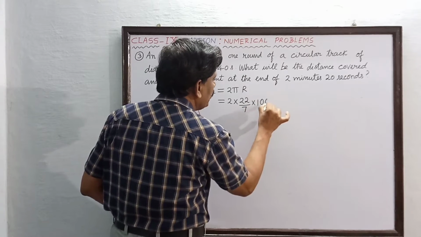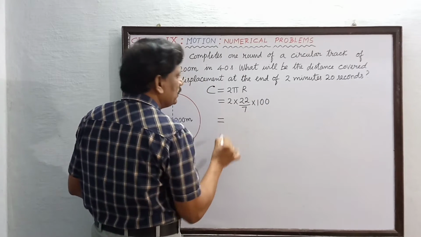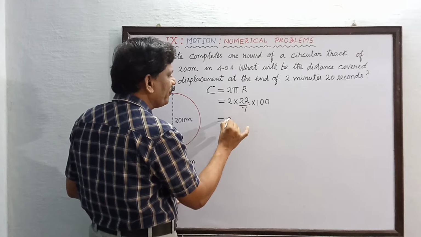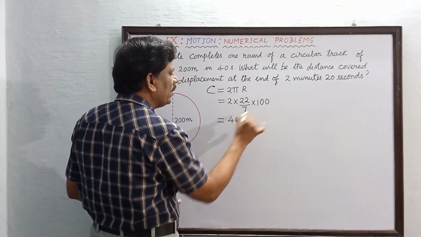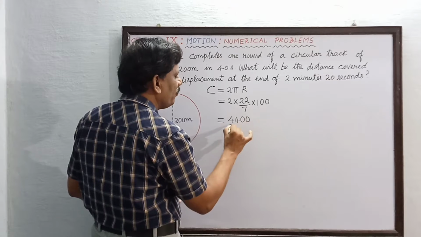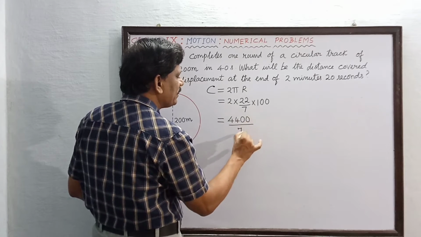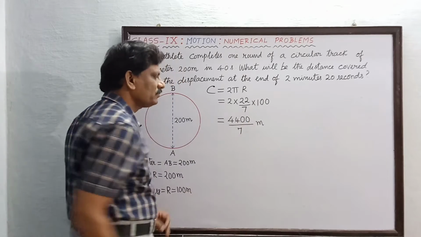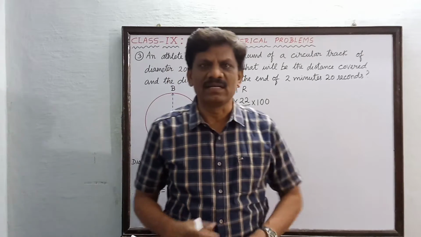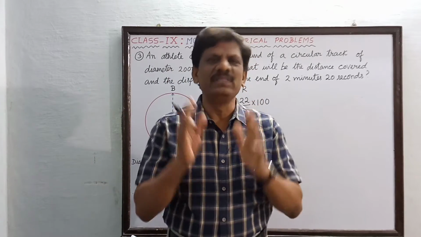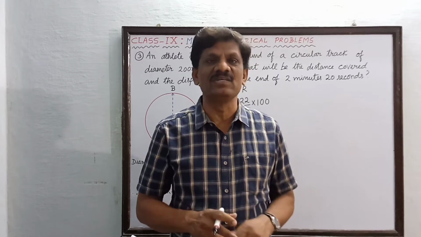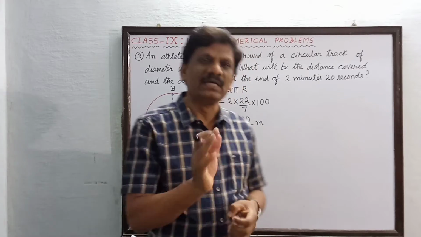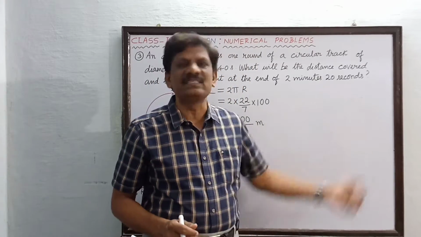Now 22 into 2 is 44, so 44 into 100 is 4400 divided by 7 meter. This is the circumference. Keep that fraction as it is. Don't divide now itself, because this can be cancelled in the coming steps.